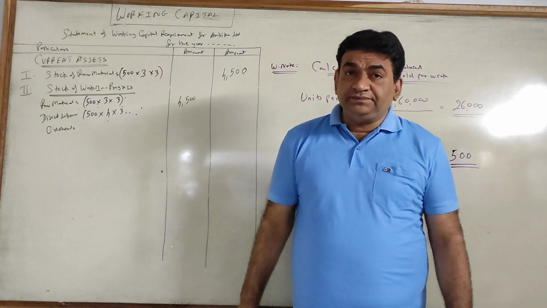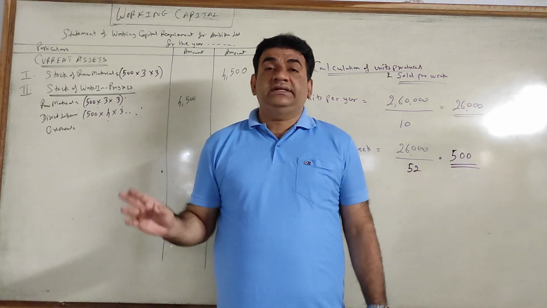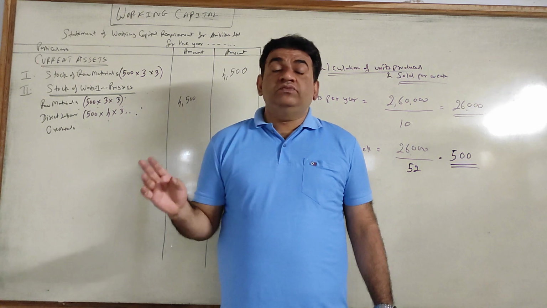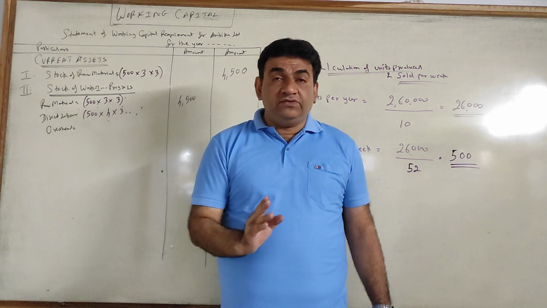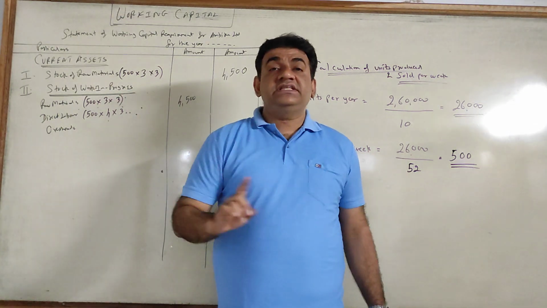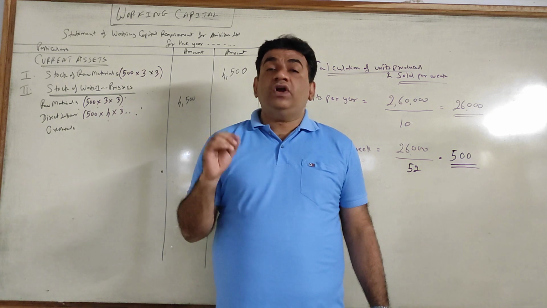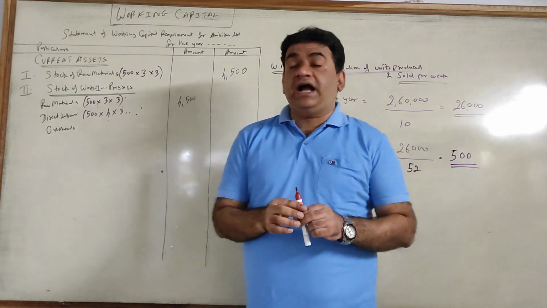So when nothing is mentioned in the question, it is always assumed that the goods are produced half. That means if no information is given in the question about the extent to which WIP is complete, we assume the work is completed half.